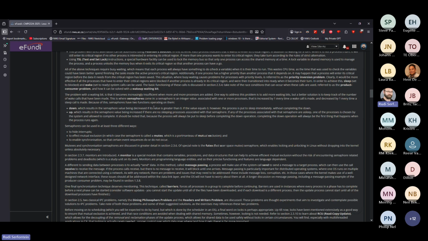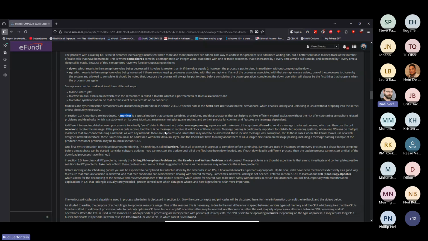Semaphores, mutexes, viable. Monitors are viable provided that your programming language allows for it. So the functioning and features are language dependent. Okay. Same with message passing. You need to make sure that it's implementable, that your operating system, for instance, allows for message passing.